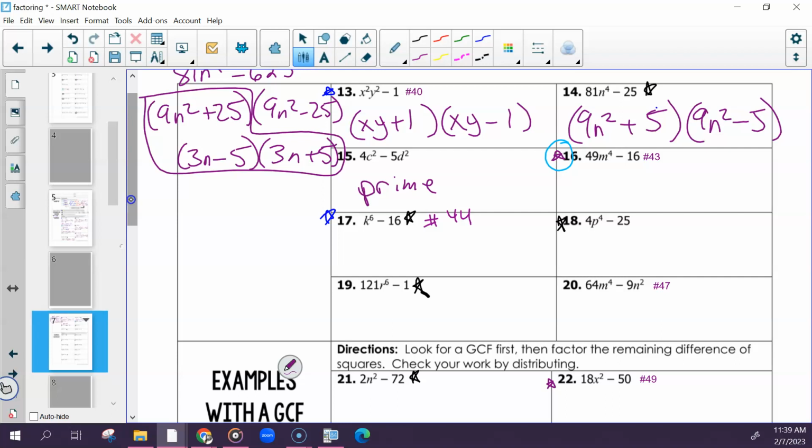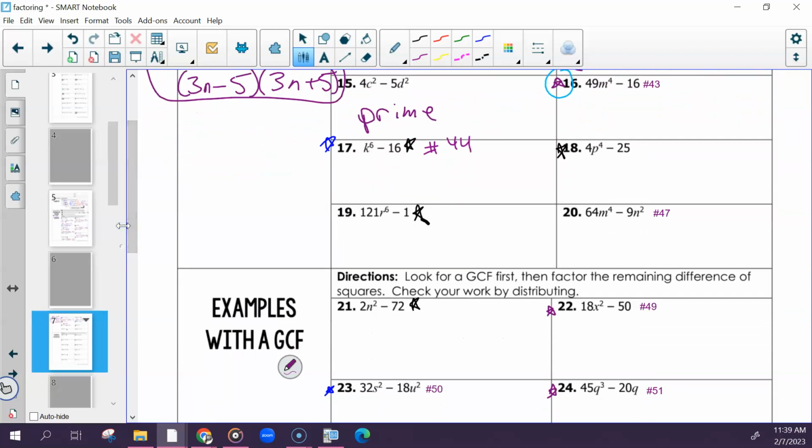Let's try 19. Just like the r to the 4th, you're doing the same thing here.